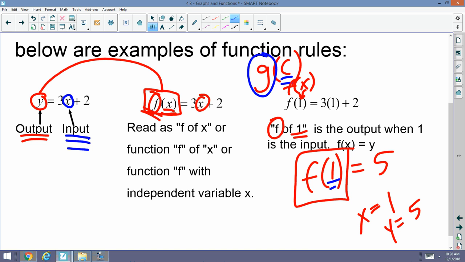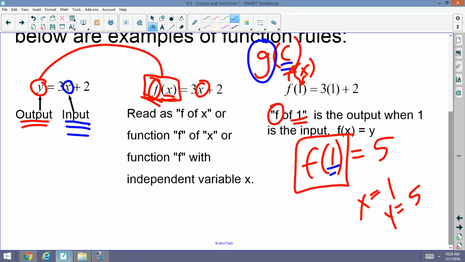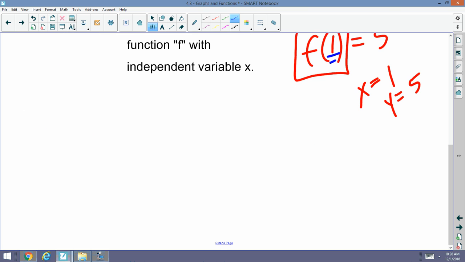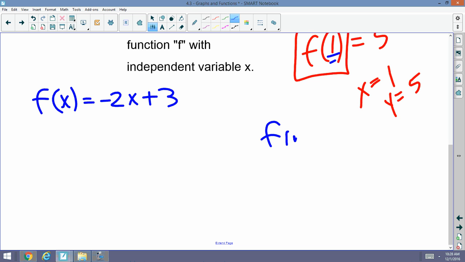Now, it's very important to know the subtle differences in things. For example, this is not in your pre-made notes. If I were to tell you f of x equals, let's just say, negative 2x plus 3, I want you to find each. Number 1, I want you to find f of negative 2.